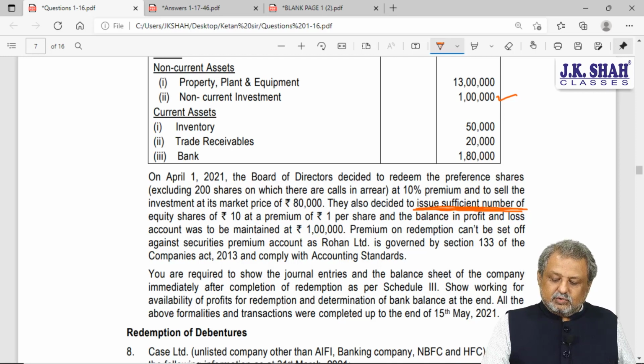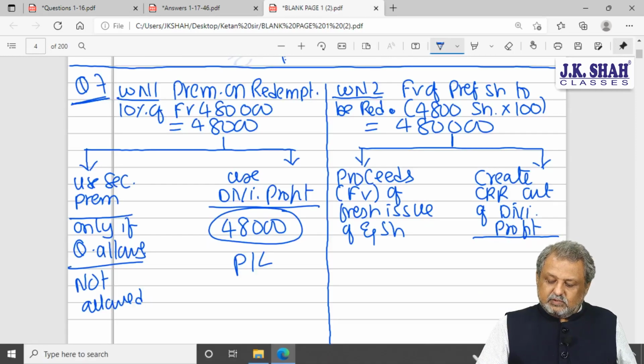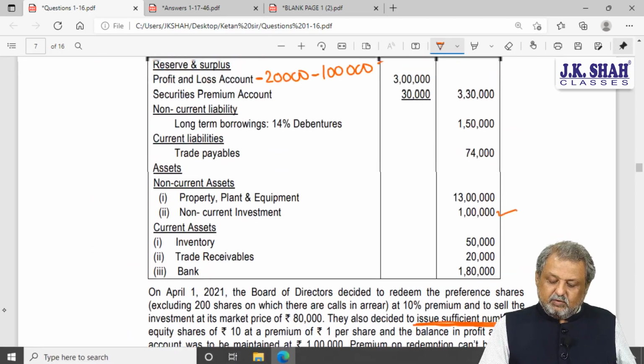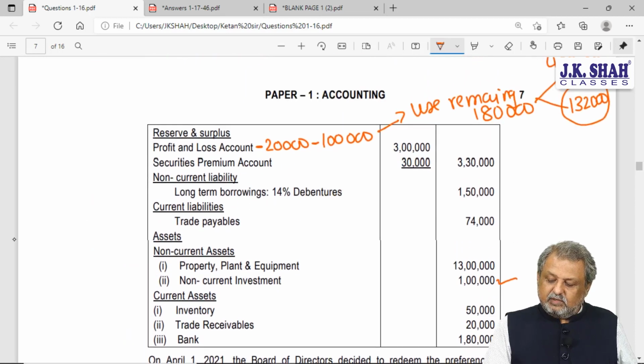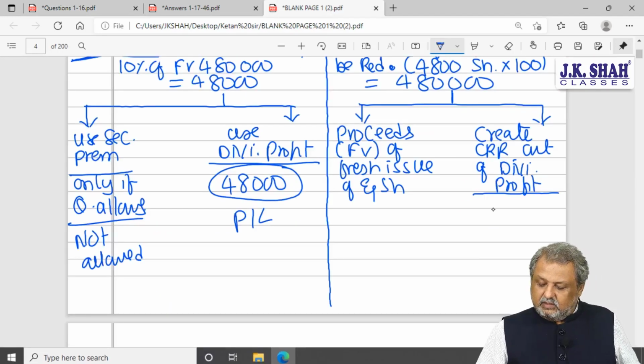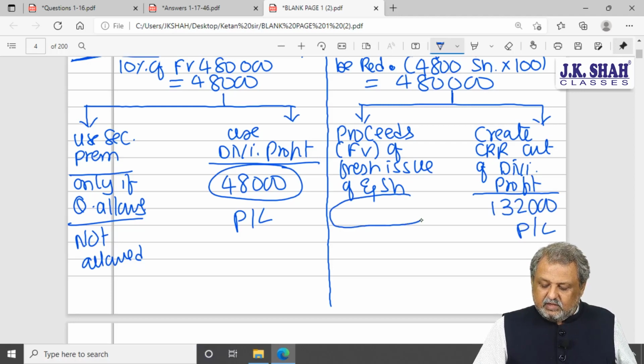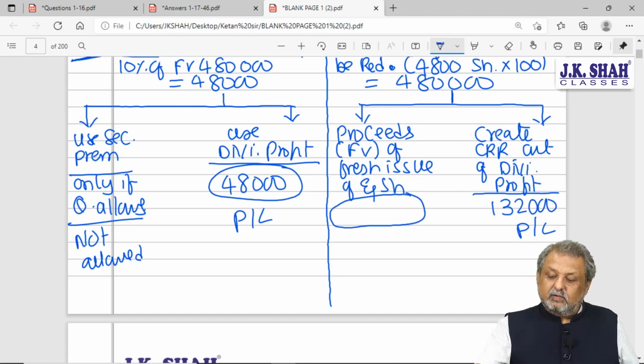So what you should do, first transfer CRR or create CRR. How much profit and loss is now available for creating CRR? 1,32,000. So you have to make a fresh issue of how much? 3,48,000.